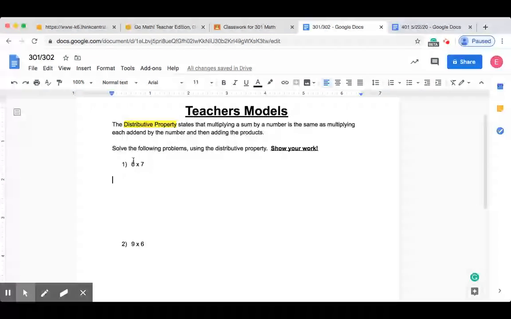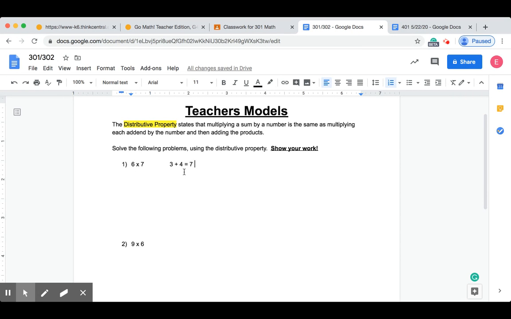Now, if you're still not sure what I'm explaining, let me show you how it works. So, when I look at my problem, it says, solve the following problems using the distributive property, show your work. It is important that we show our work. Now, the first problem says 6 times 7. I may not know 6 times 7 right away in my head, but I do know that 3 plus 4 equals 7, right?